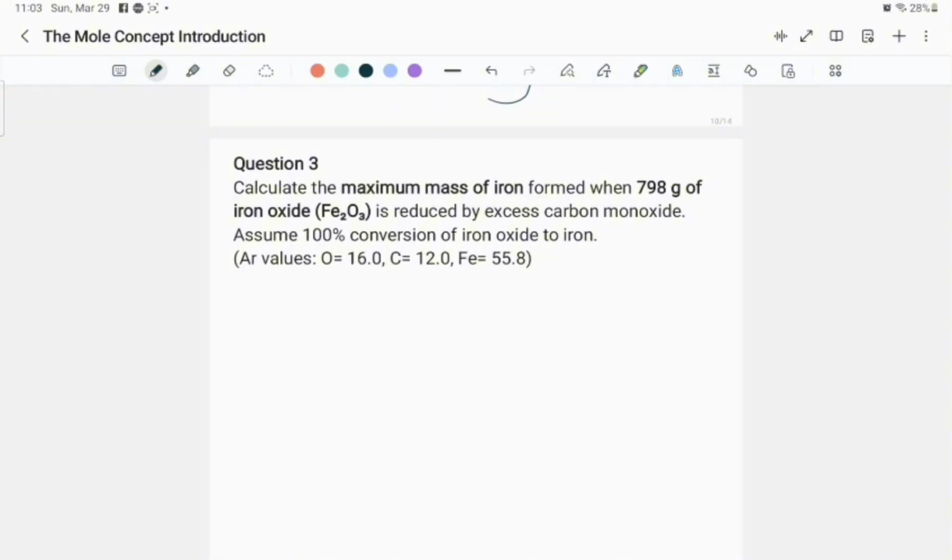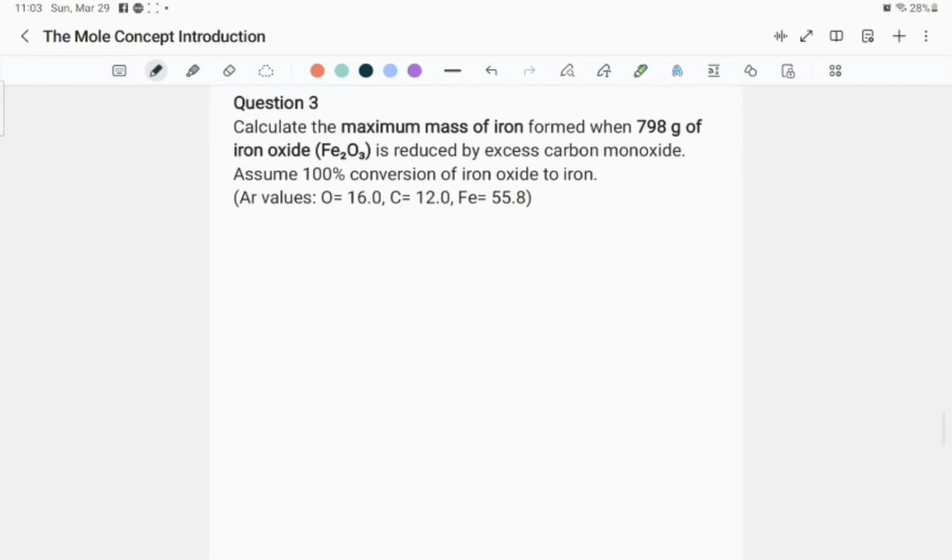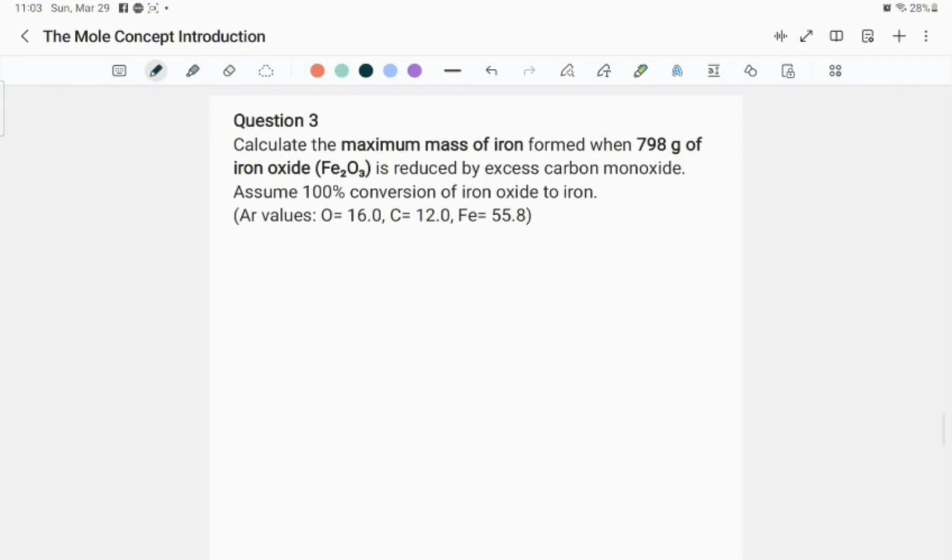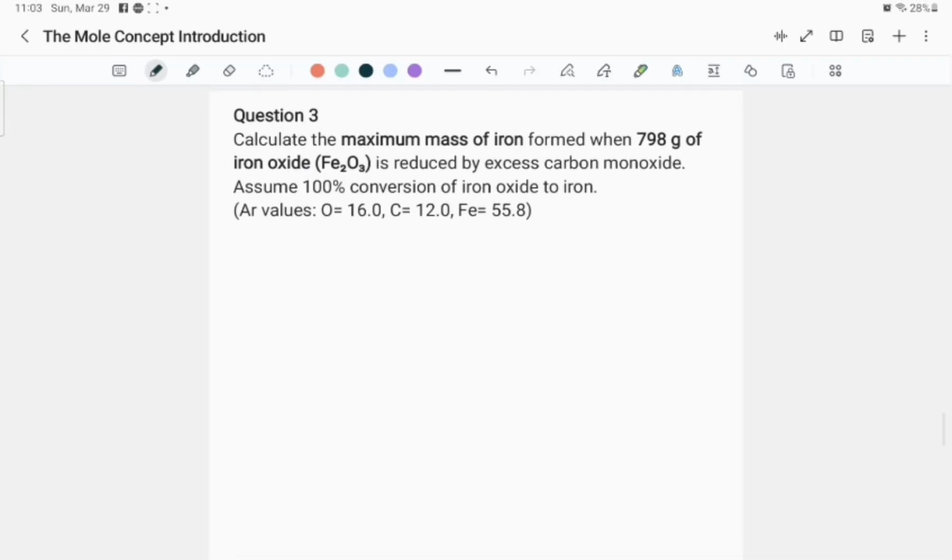Okay, the third question: calculate the maximum mass of iron formed when 798 grams of iron oxide is reduced by excess carbon monoxide. Assume 100% conversion of iron oxide to iron. This question is a bit different from the previous two that we did, but the same theory and rules apply in terms of finding the number of moles.